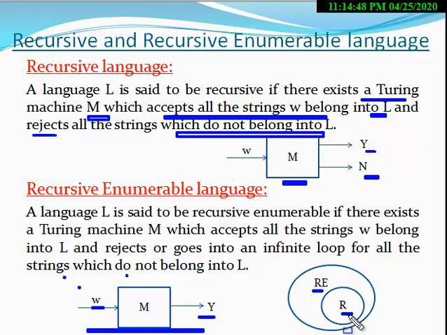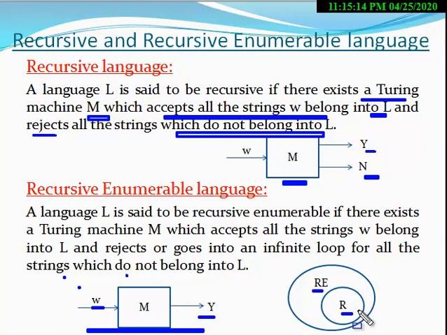That is, if a language is a recursive language, then it will always be recursive enumerable. But if the language is recursive enumerable, it may be recursive, or it may not be recursive, right?